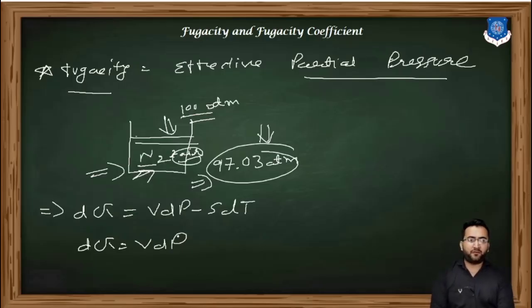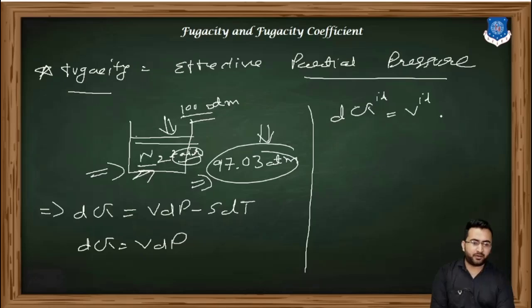For 1 mole of ideal gas, under the same change in temperature and pressure, dG of ideal gas is equal to V of ideal gas into dP, which is RT upon P into dP.